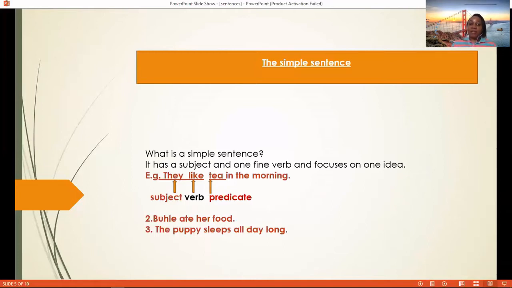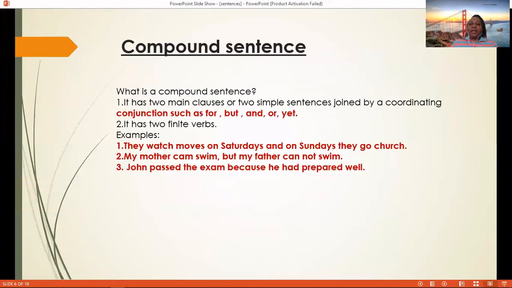So we can just simply sum up this again to say a simple sentence will just have a single idea and one subject, one finite verb, and remember the focus is on that single idea. Let's go down to our next type, the compound sentence.